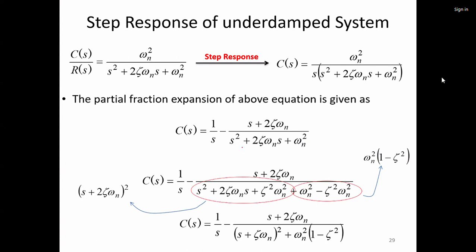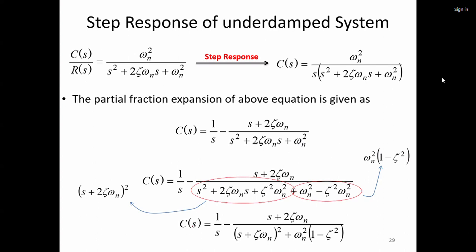Then you want to do this as (A plus B) whole square. So you have A square plus 2 into A into B. So the B is basically j omega n. So you add j square omega n square and subtract j square omega n square, and this omega n square is simply brought here. Okay, so in the denominator you add j square omega n square and you subtract j square omega n square.